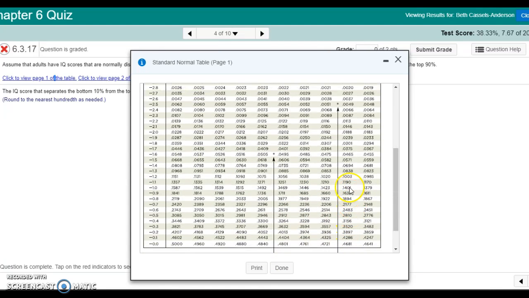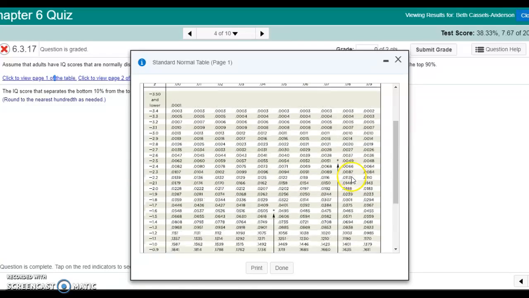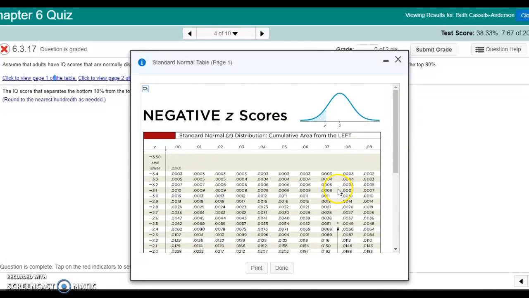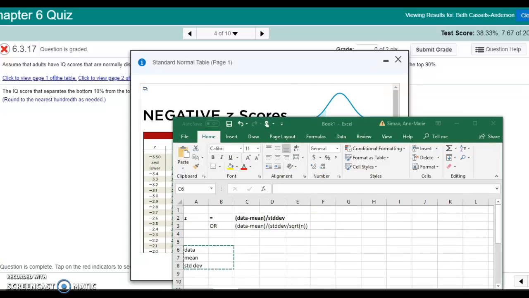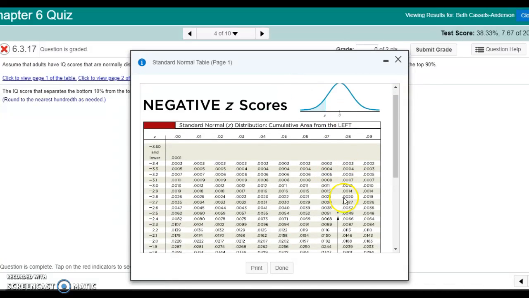If I come on down and look, the closest is going to be 0.1003 because that's 0.0003 away, whereas this guy right here is 0.0015 away. So if I come to the left, this is a negative 1.2, and if I come to the top, it's 8. So the z-score associated closest with 10% is negative 1.28.